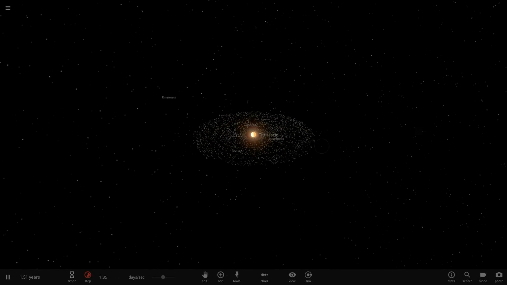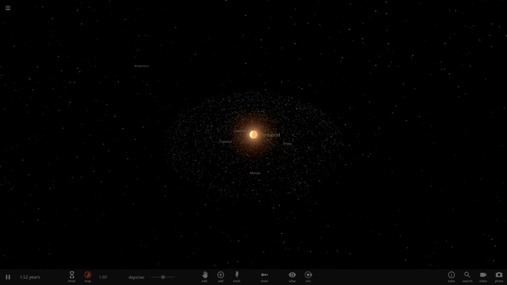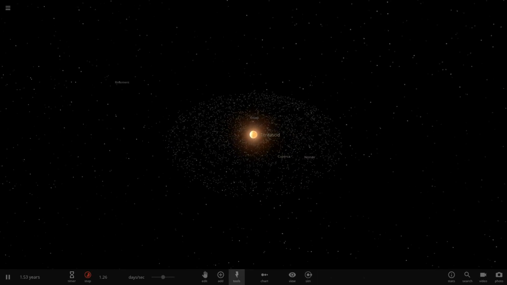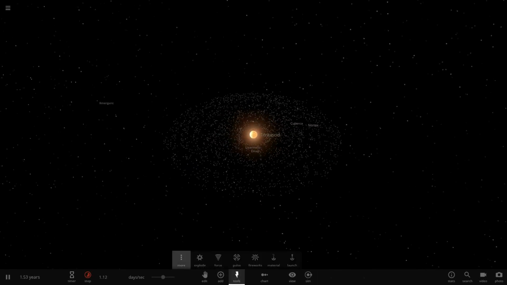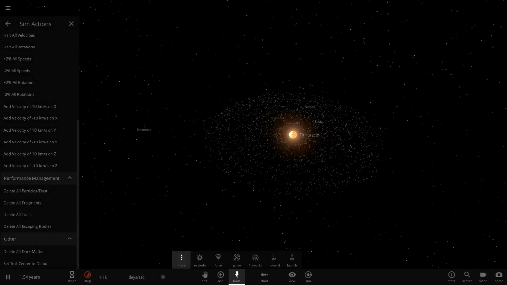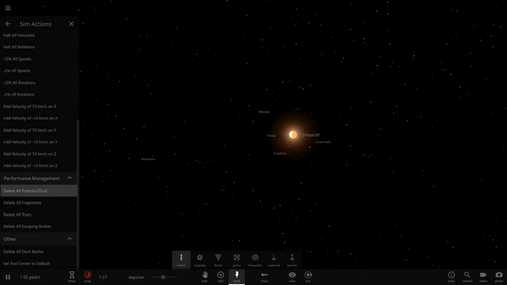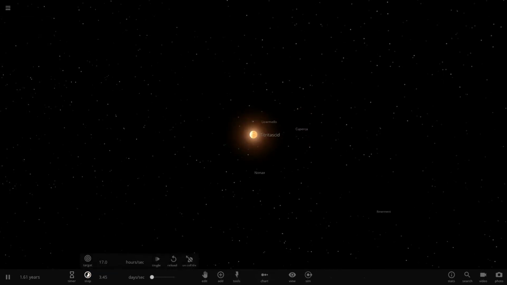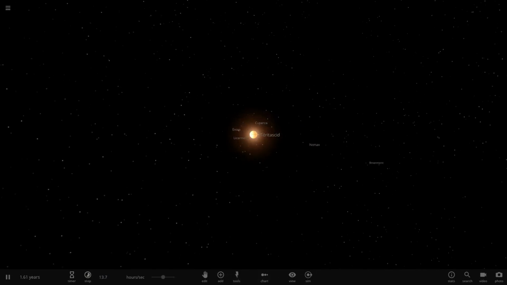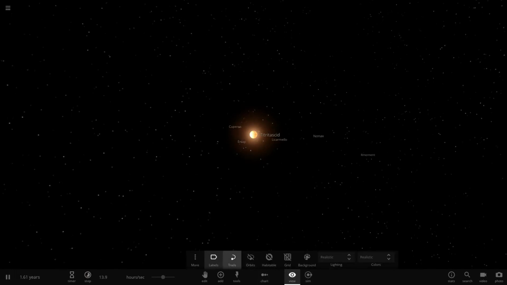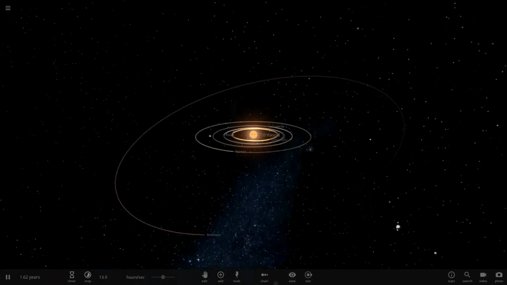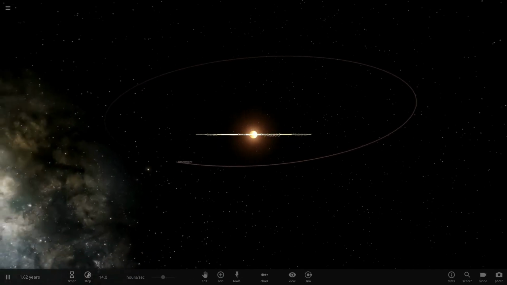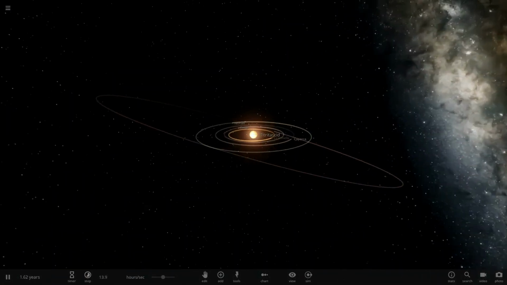It's clearing up its orbit really, and its sister orbits as well. So over time the ring will disappear, and then we will be left with a family of planets around the brown dwarf.